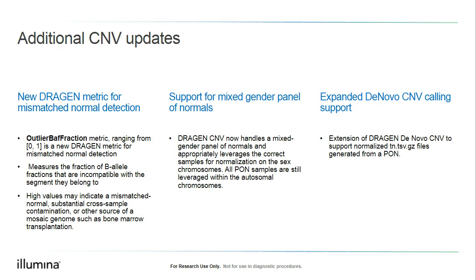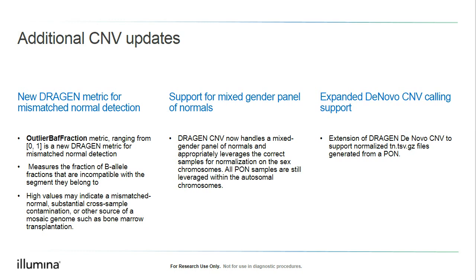The other CNV updates that we have done are listed over here, and one of them is that there is now a DRAGEN metric for mismatched normal detection. If you're using the DRAGEN CNV pipeline for whole genomes for tumor normal, there is now a parameter called the outlier BAF fraction. This ranges from 0 to 1.